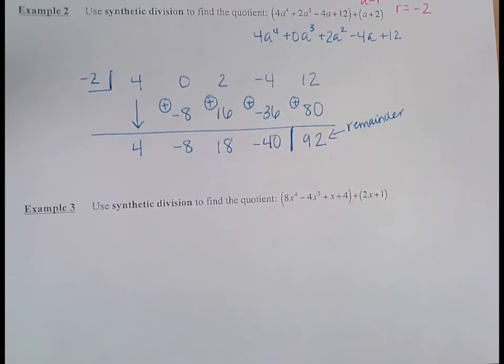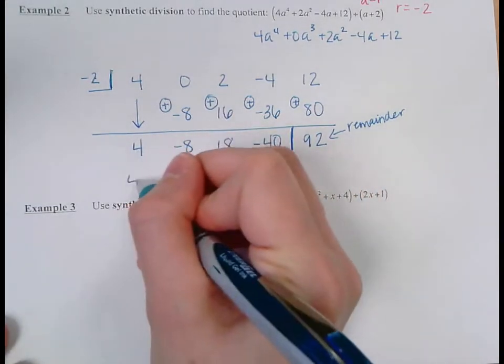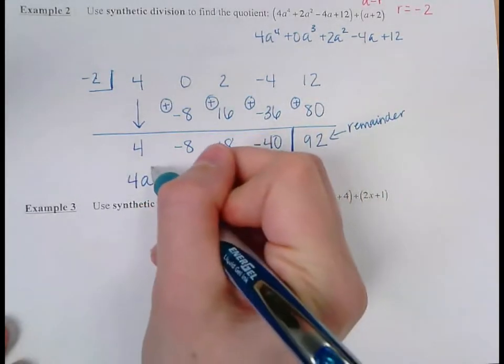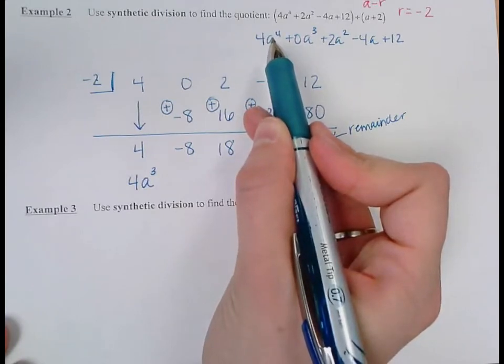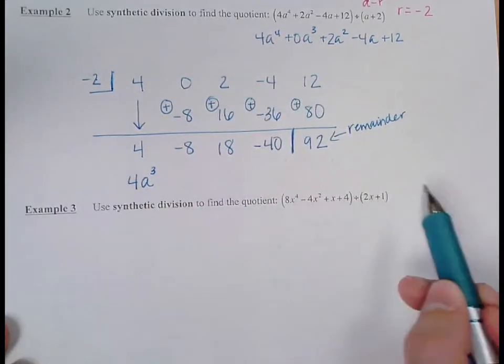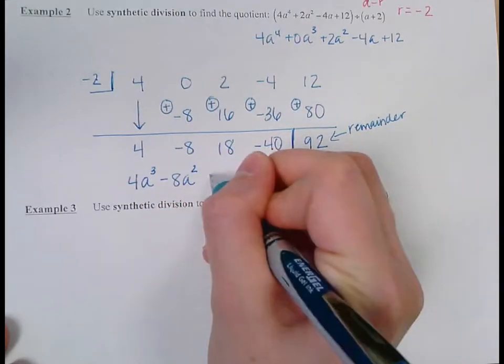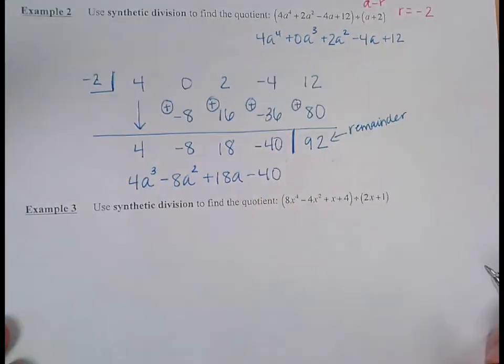Keep that there. So then you're ready to write your answer. So don't stop here. This is not your answer. Your answer should be a polynomial. And we do have a remainder with this one. So my first coefficient is 4, and it's going to be 4a to what power? The 3rd. So it's 1 power less than my original polynomial, what I started with. And then I go down in order. So then it would be minus 8a squared plus 18a minus 40.